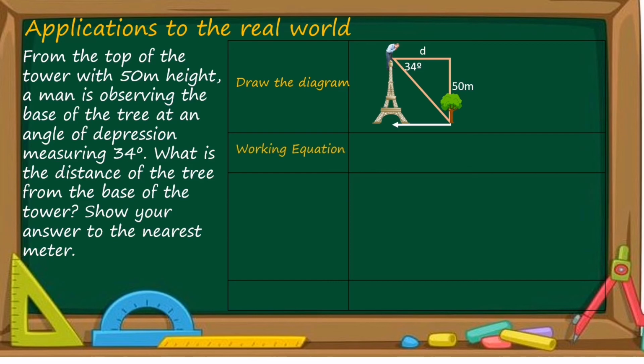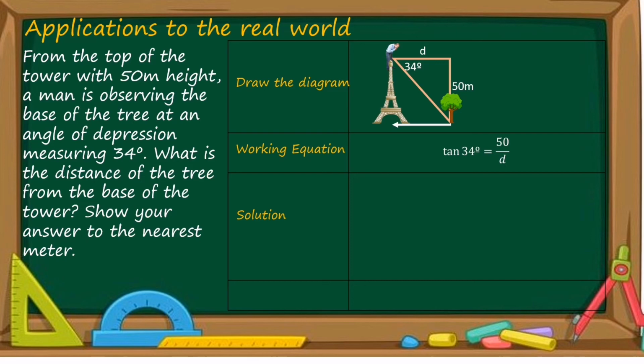Then we have the working equation. Based on the situation, with 34 degrees as our reference angle, 50 meters is the opposite side, and D is the adjacent side. So that is tangent 34 degrees is equal to 50 over D. Then let us solve.